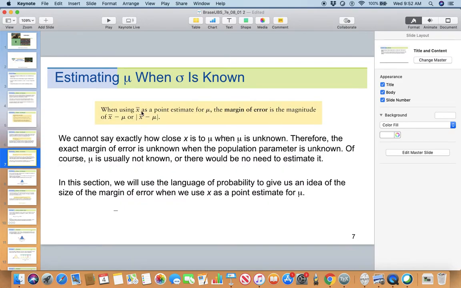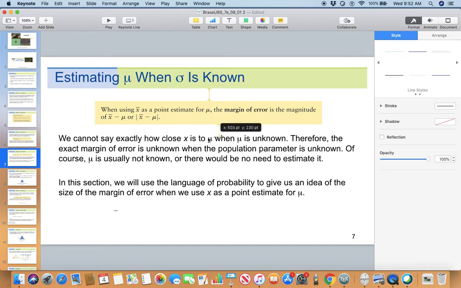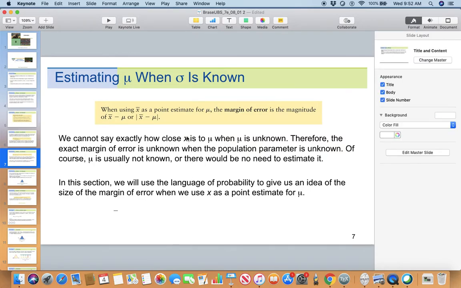When x bar is a point estimate for mu, the margin of error is the magnitude of x bar minus mu. So if x bar is smaller, I don't want a negative number, so I take the absolute value. We cannot say exactly how close x bar is to mu when mu is unknown.